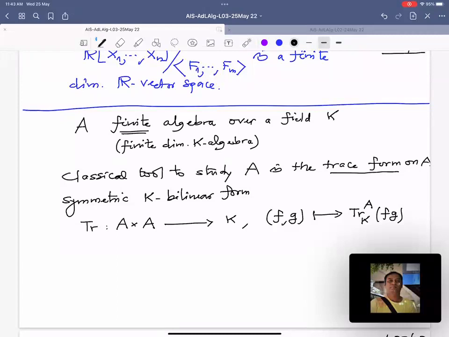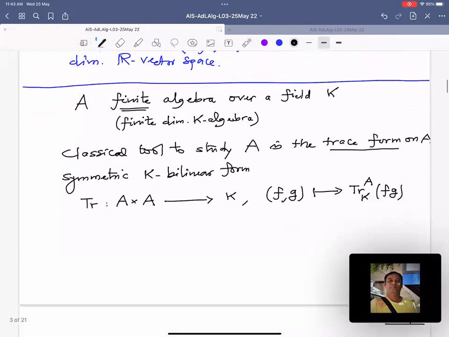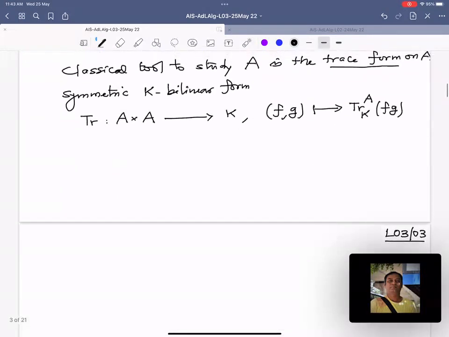Now I should tell you what is the trace of an element. All right. So I should make a little bit more. All right, so let's do that. And not only trace, but I will take the opportunity to recall some of the basic stuff which will be used in this. All right.